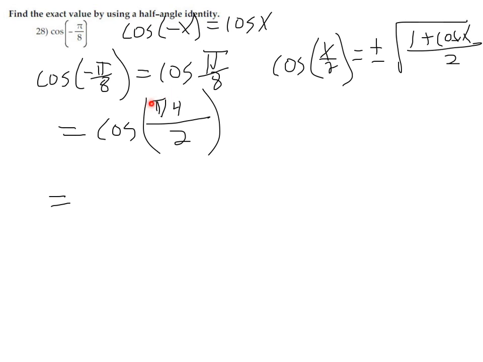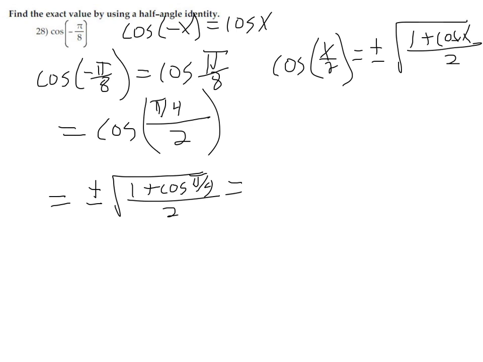So our x is pi fourths. So we're going to plug in pi fourths right there. So it'll be very similar to the last problem. We will have plus or minus the square root of (1 plus cosine of pi fourths) all over 2.